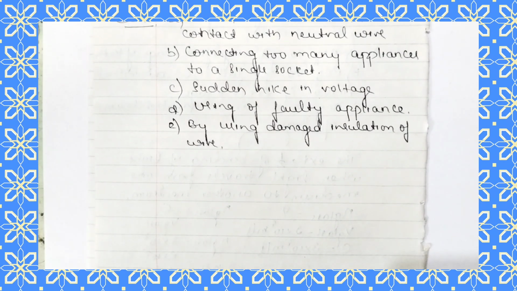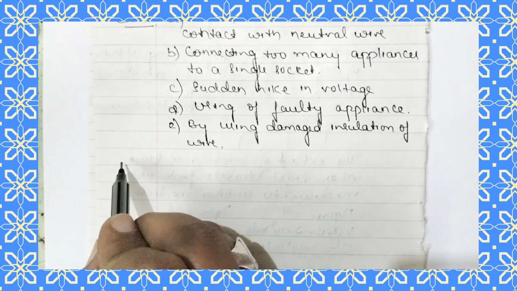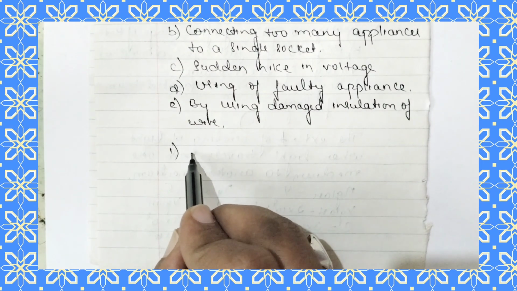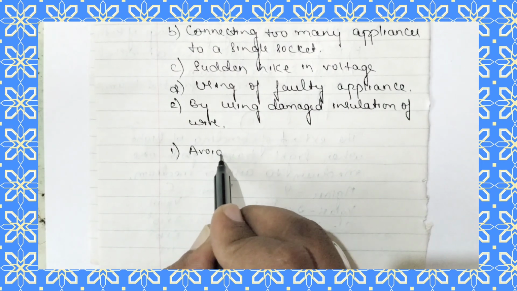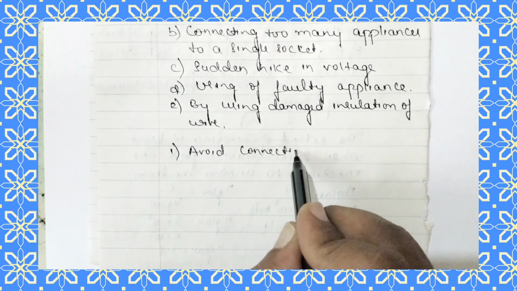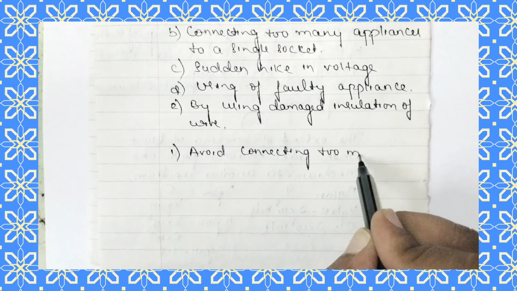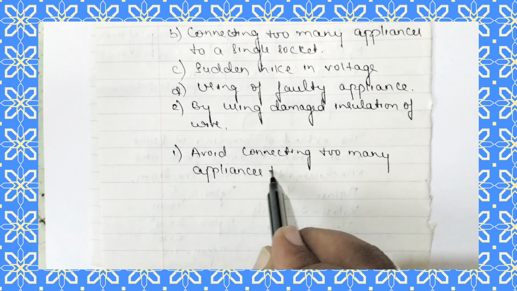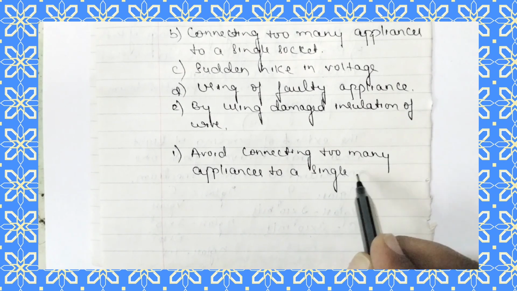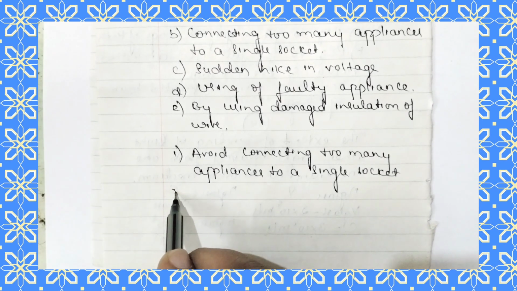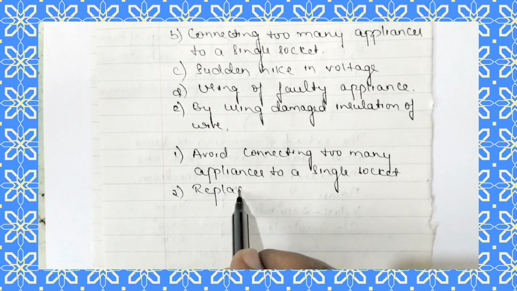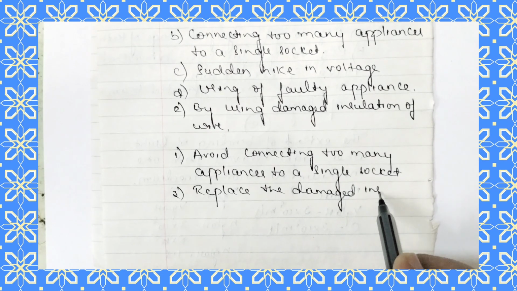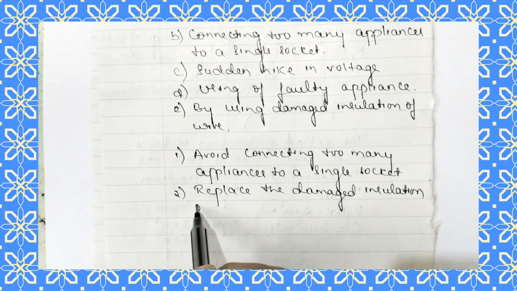Then how to avoid overloading? To avoid overloading: first, avoid connecting too many appliances to a single socket. Replace the damaged insulation of wire.